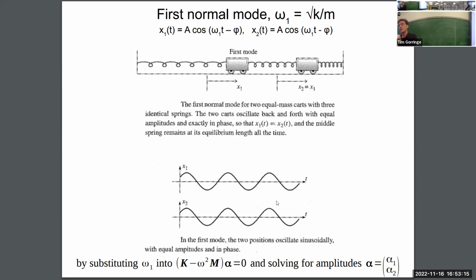When one's towards the right, the other's towards the right. When one's towards the left, the other's towards the left, and so on. These are the expressions for their position as a function of time upstairs here. You see simple sinusoidal oscillations with a common amplitude, a common frequency, and they're in phase with one another.